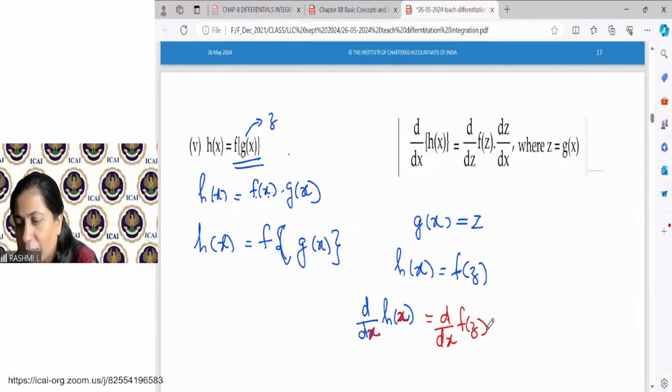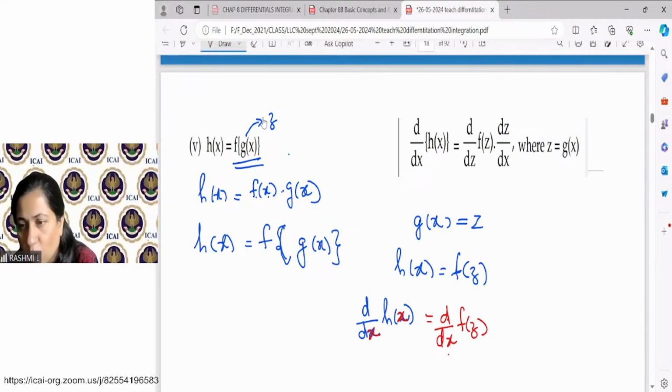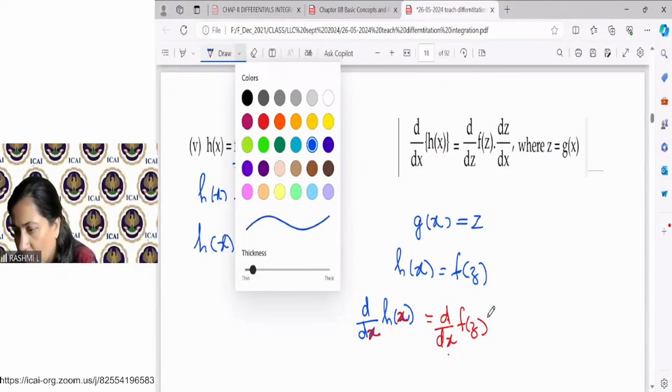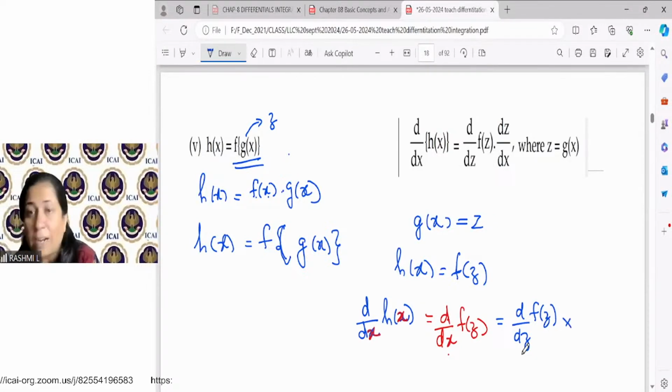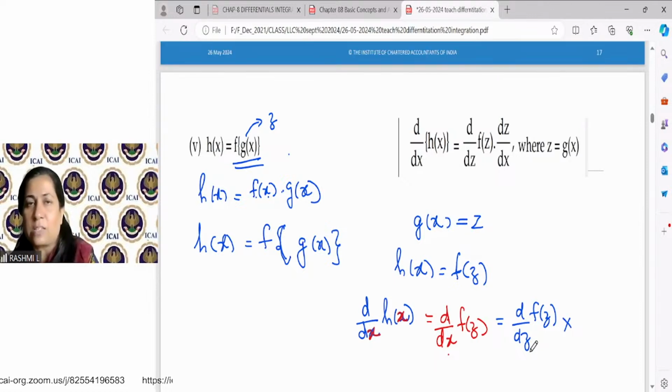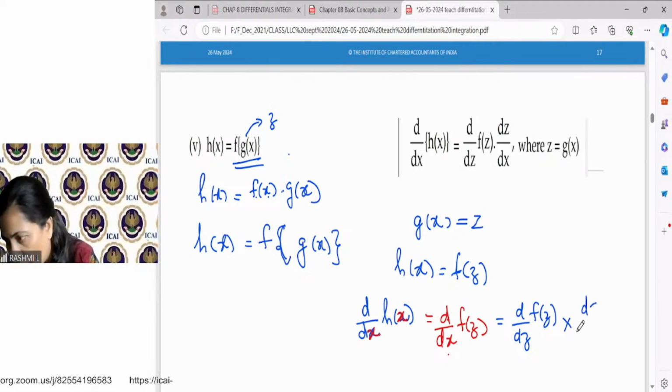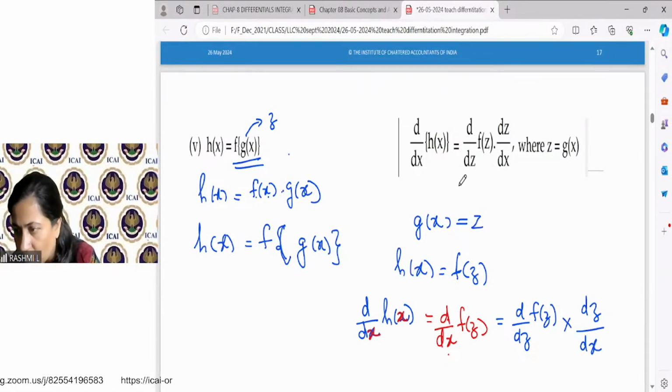Now this is x and this is z. So I will write this as d by dz of f(z). But I don't want a z, because I have a function h(x) which is a function of f of g(x). So this is equal to dz upon dx.